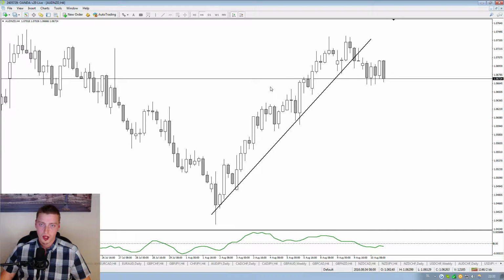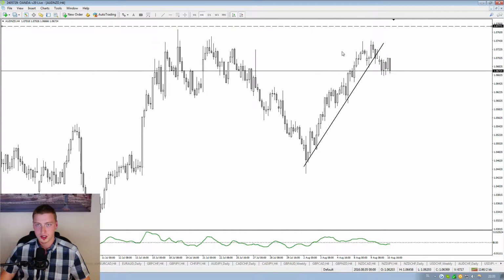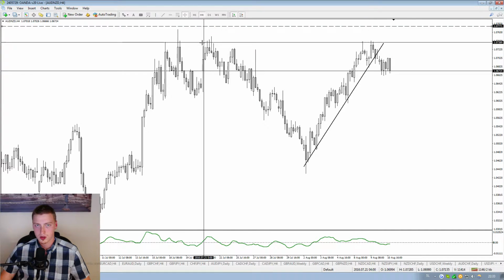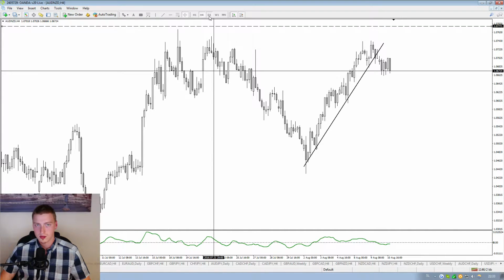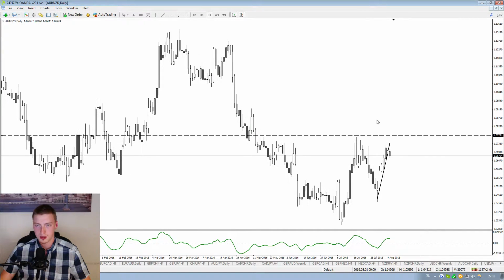But otherwise, this setup was first. Price came to this resistance zone. Also on the daily, here's an EMA 200. I'm not gonna put it again.